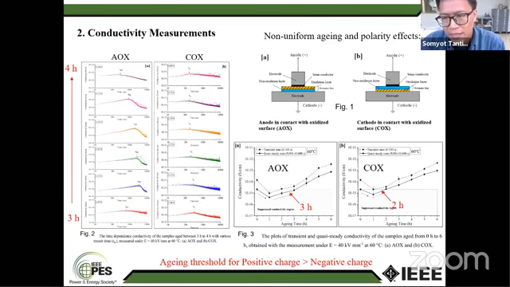That means they are trapped for a longer time in the polyethylene. So this means the negative polarity is worse when compared to the positive polarity in use for the HVDC system.